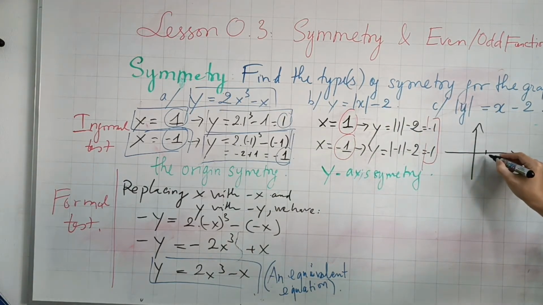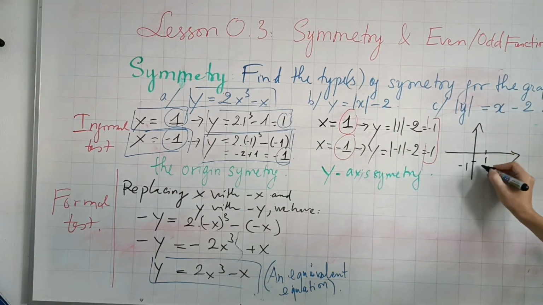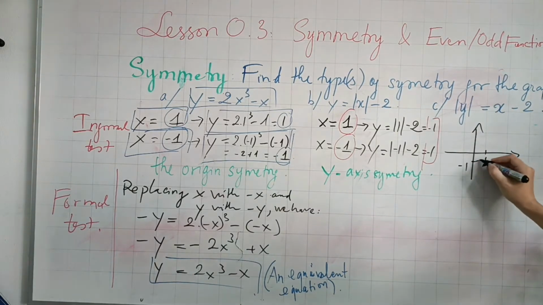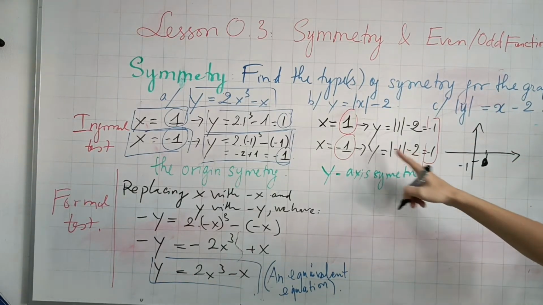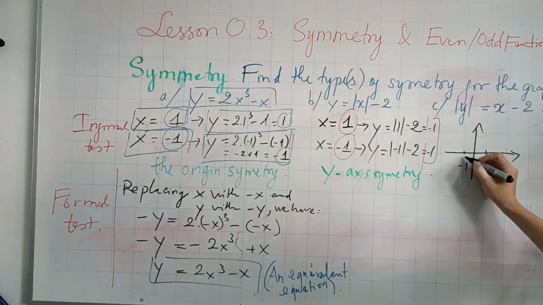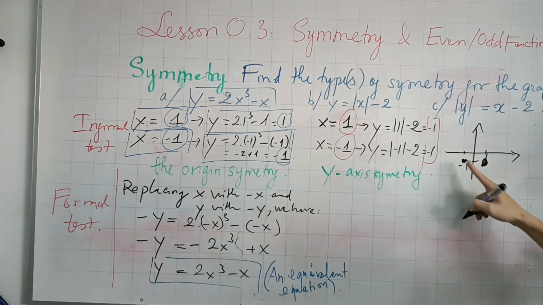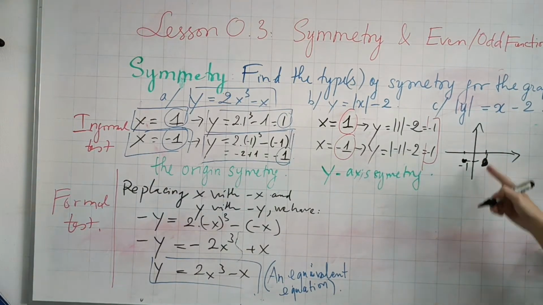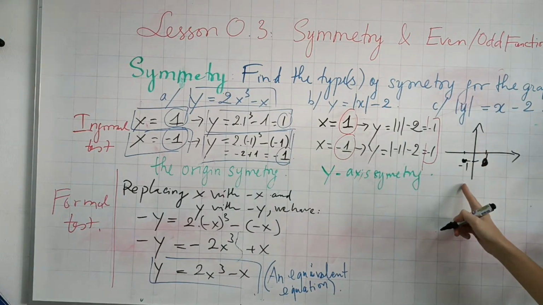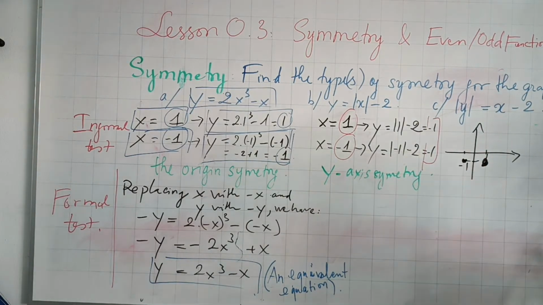So the 2 points reflect across the y-axis. So we call this y-axis symmetry.